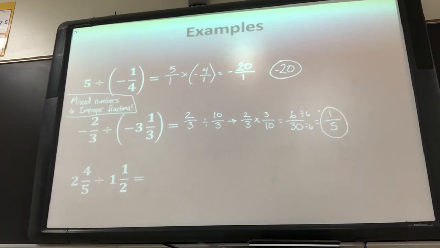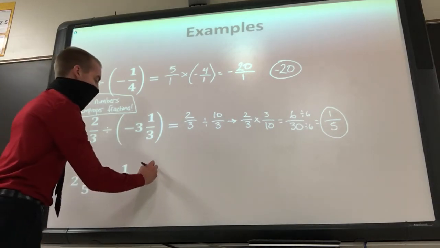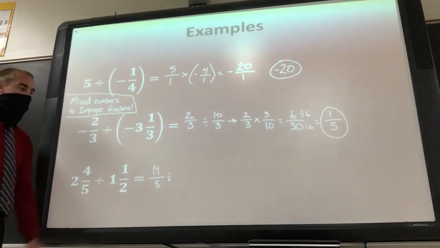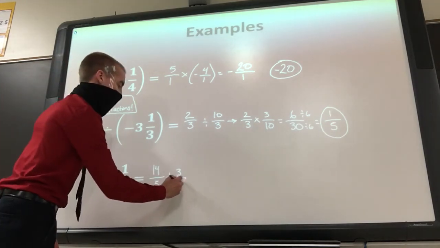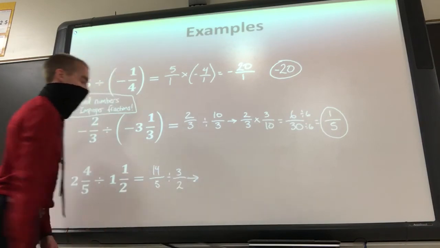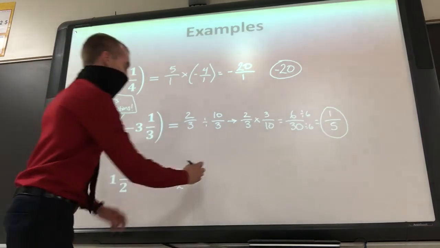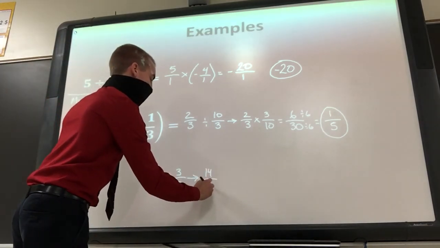Alright, and then 2 4/5 divided by 1 1/2. So change to improper first. 2 4/5 would be 14 over 5. Divided by 1 1/2 is 3 over 2. And then keep, change, flip. So 14 over 5 stays the same.